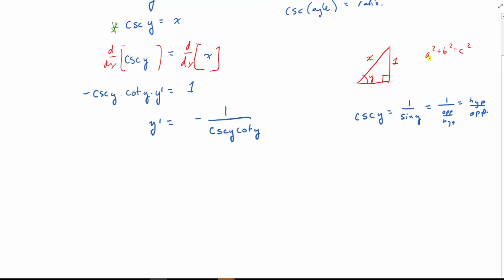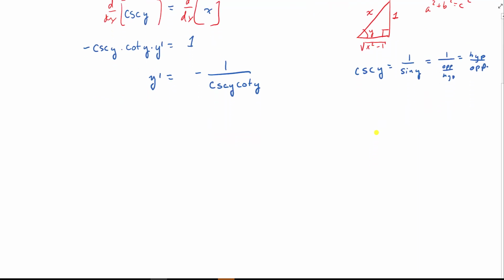That's the sum of the squares of the two legs equals the square of the hypotenuse. And so if I were to plug in x for my c and 1 for either a or b, and then solve for the remaining side, I'd have that the remaining side is the square root of x squared minus 1.